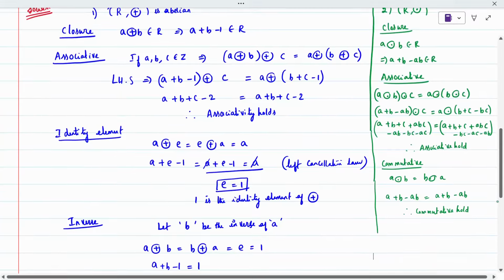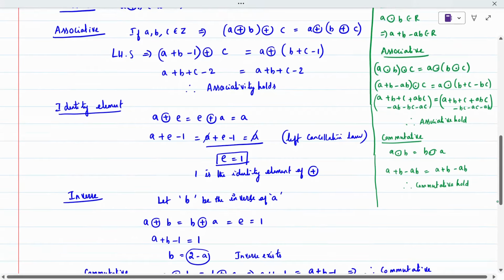Okay, I have to prove identity. Last is the identity. So when I prove identity, we know that generally A dot E is nothing but E dot A is nothing but A. So A plus E minus AE equal to E plus A minus AE equal to A. You take only one side.